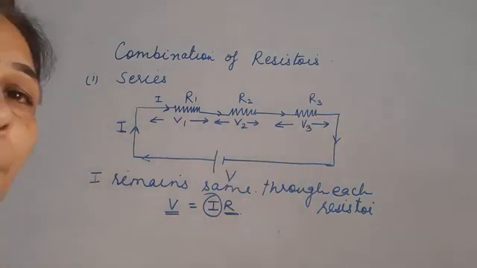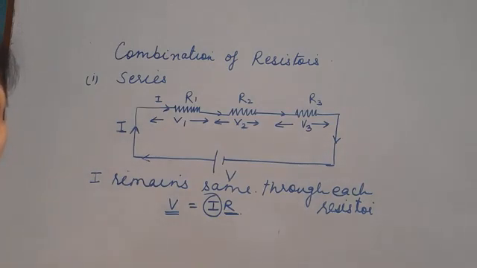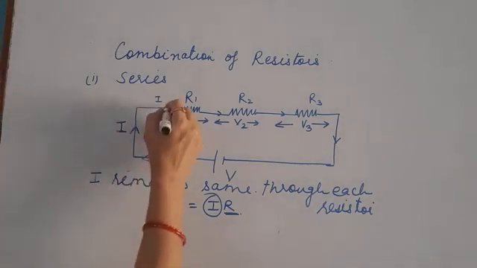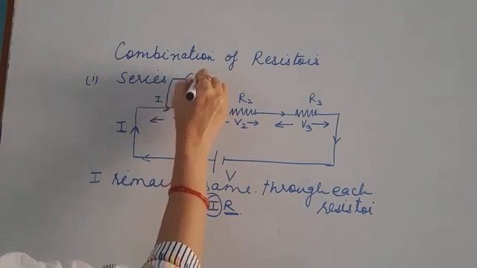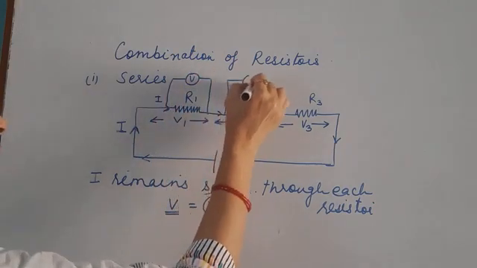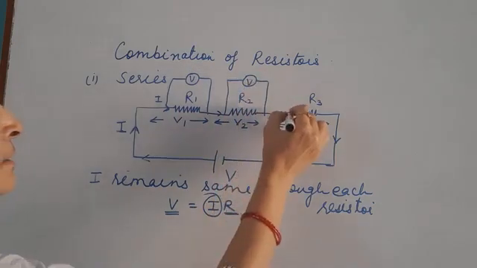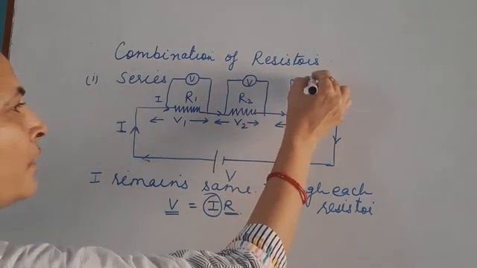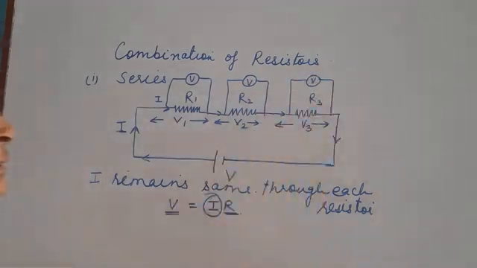This can also be measured using a voltmeter in parallel, like this. We can connect a voltmeter across each of these three resistors, so I'll get the value in that voltmeter.